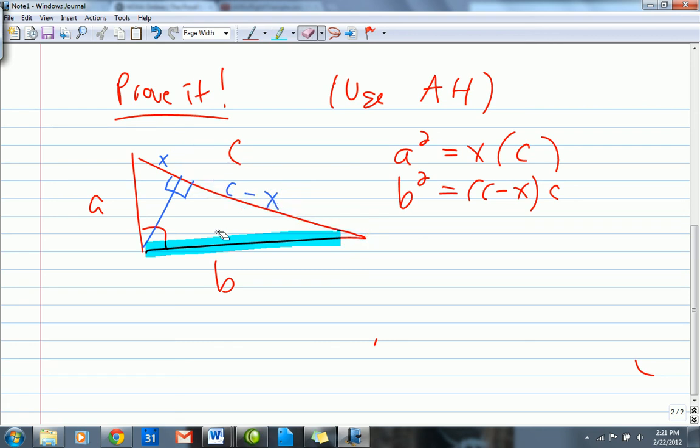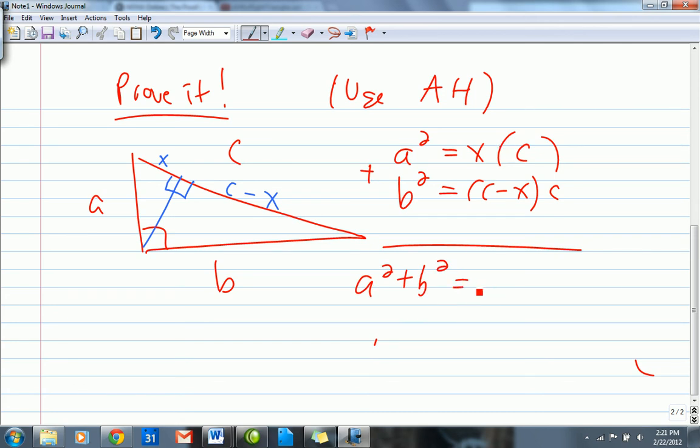Okay. Now what I'm going to do here is I'm just going to add these two together. And on the left I get a squared plus b squared. And on the right I get c times x, and c times a quantity, c minus x. Right, that's the addition property of equality. I'm going to clean that up a little bit. And a squared plus b squared is still here.